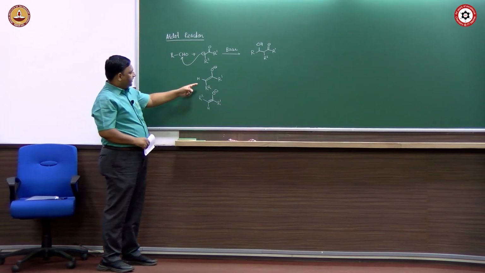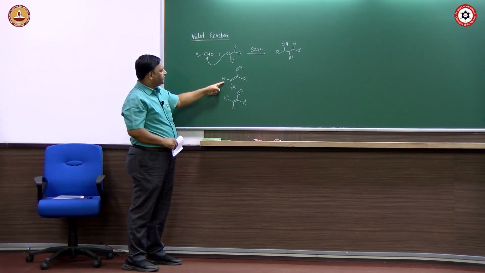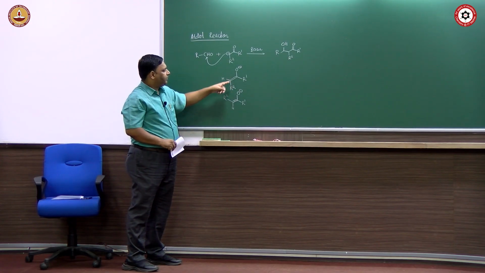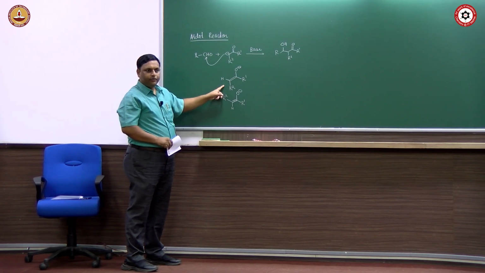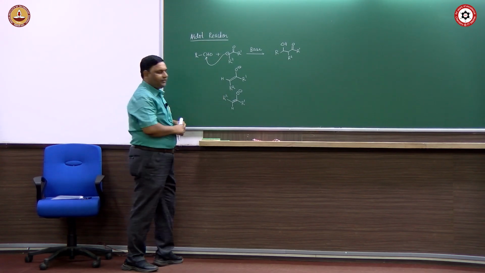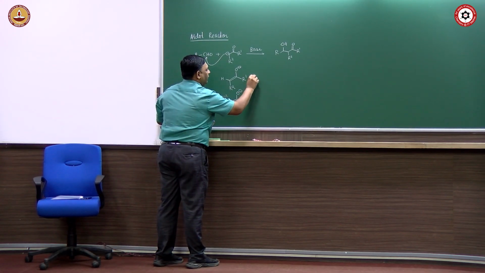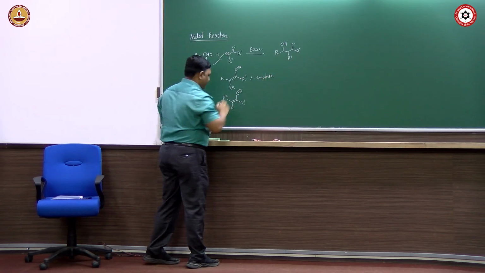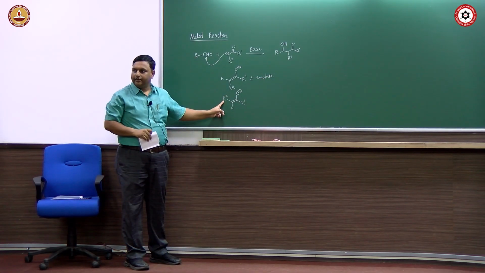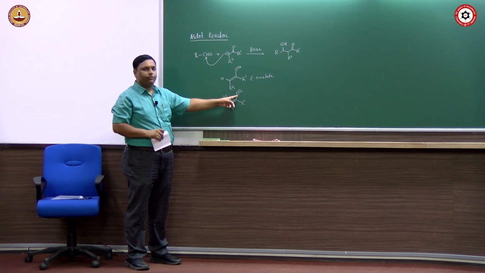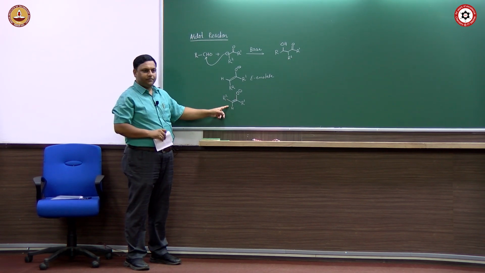So, in this case, your O minus and R2, those which are higher priority on both the carbons, are opposite to each other. So, you generate an E enolate. On the other hand, you can have R2 and O minus on the same side of the double bond.